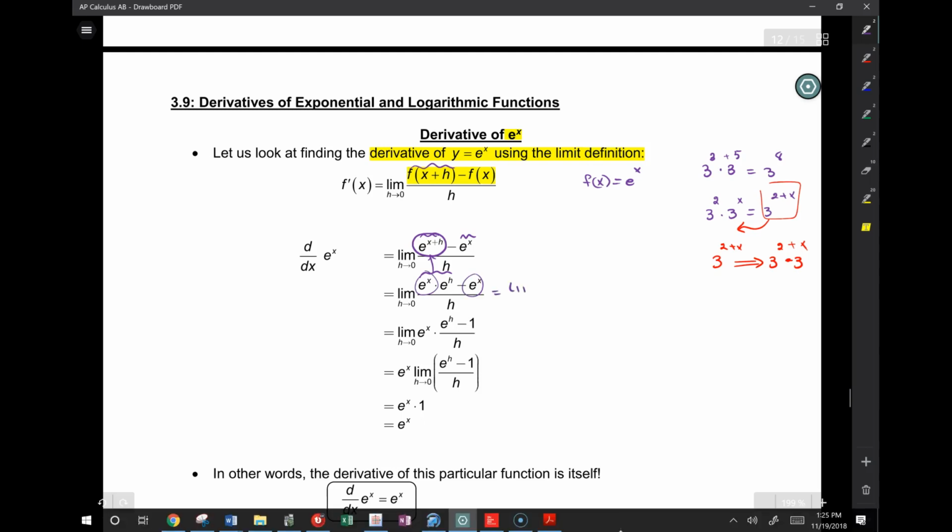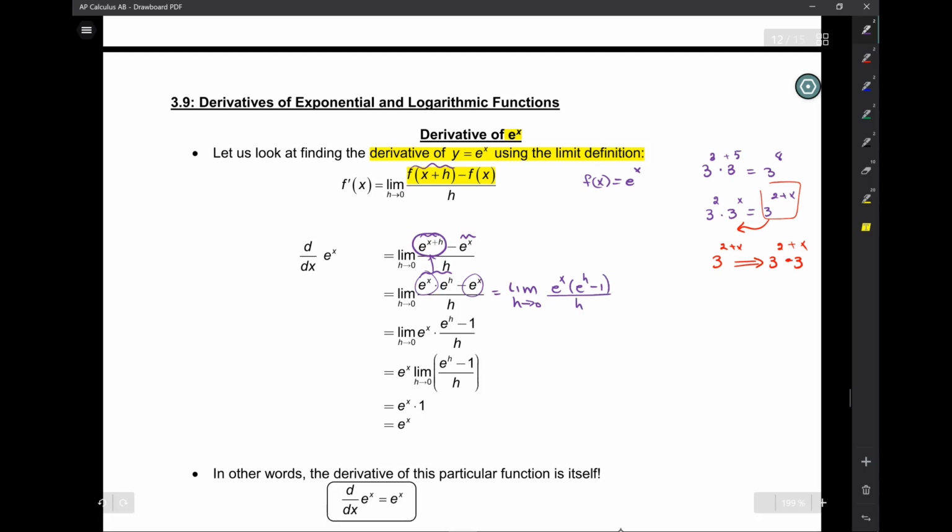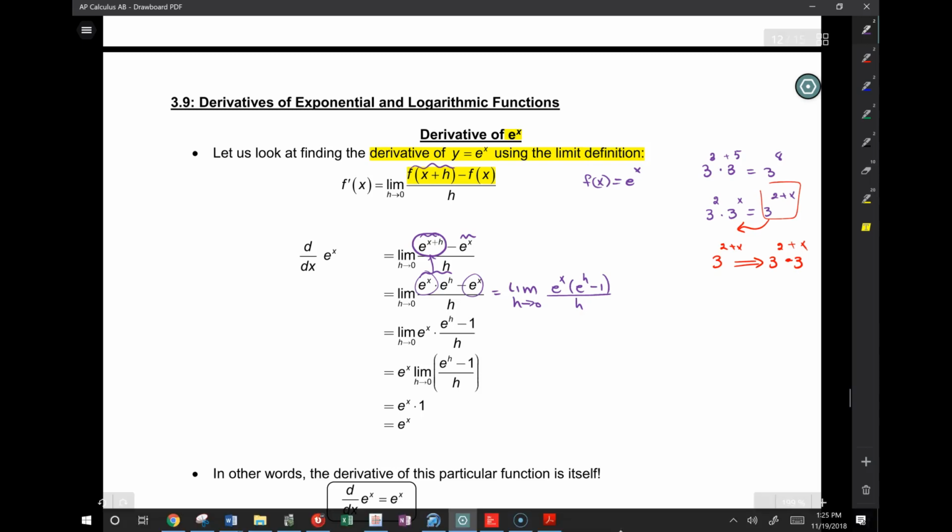That'll be the limit as h approaches 0, e to the x, times e to the h minus 1 over h. Okay? Now, if it's e to the x times something, can I write it off to the side here? Yeah. e to the x times the whole thing?